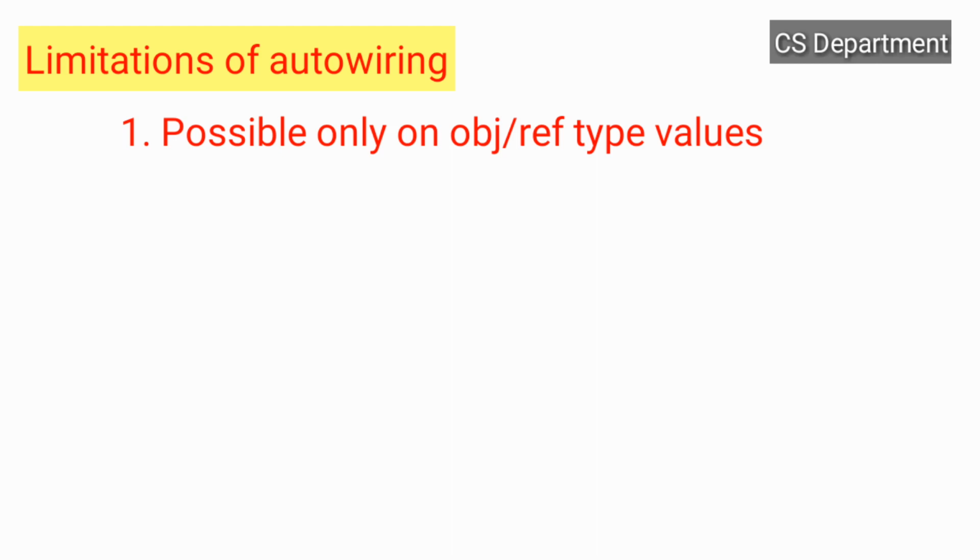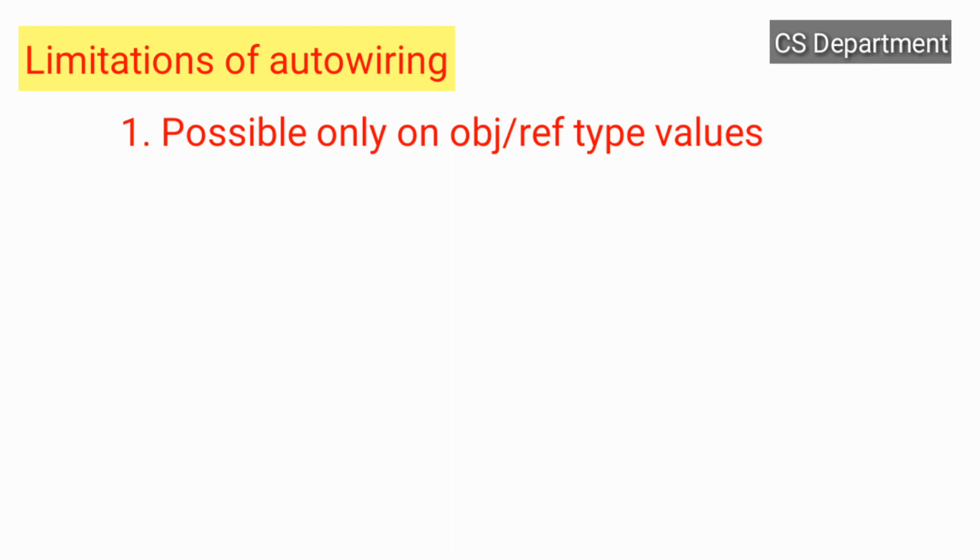Means the simple values will always be given by the user or programmer, and the reference type values will be configured in the Spring Bean configuration file. So auto wiring only works on reference type or object type values. It will not work on simple values. This is the first limitation of auto wiring.